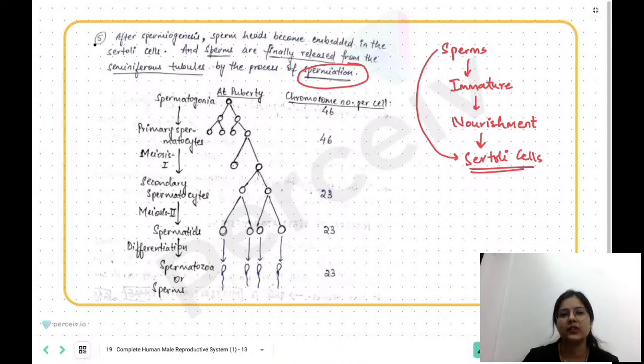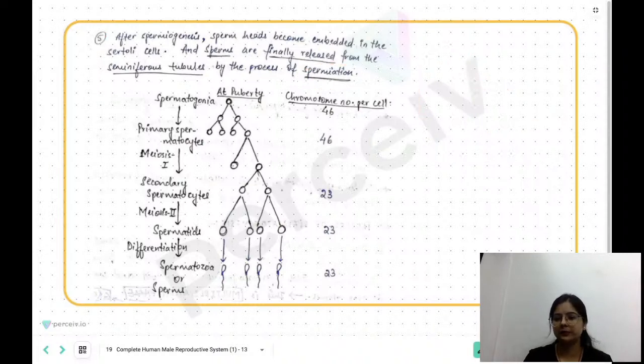Students often get confused with these two terminologies, but be very specific and clear: spermiogenesis and spermiation. Now वही चीज मैंने यहाँ पे एक डायग्रामेटिक फॉर्म में बनाया हुआ है. You can see that we'll start with spermatogonia. All these things are there.